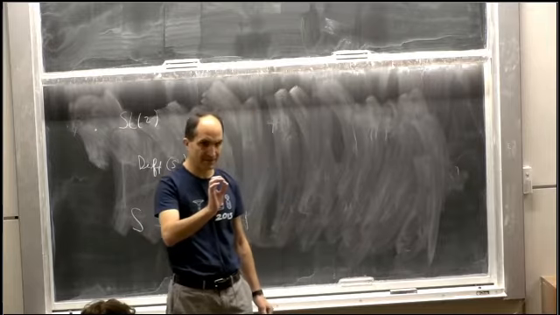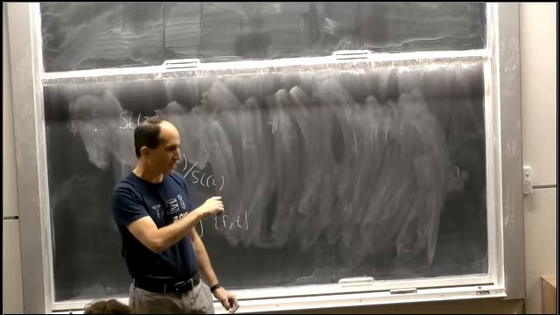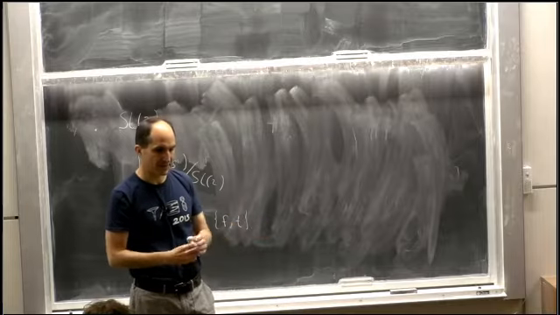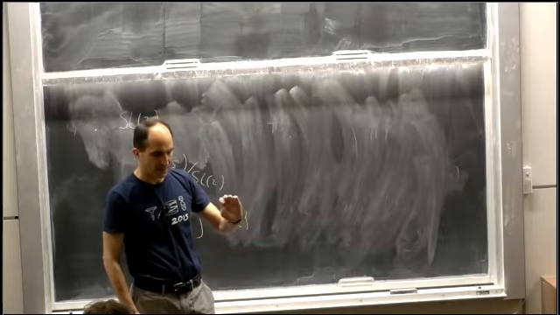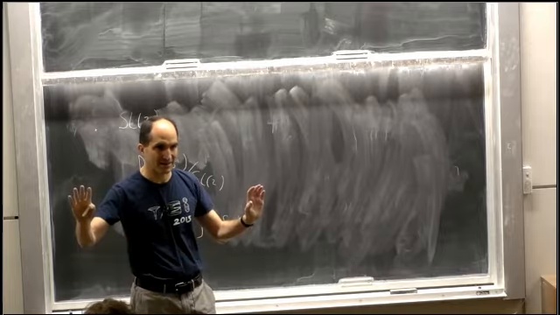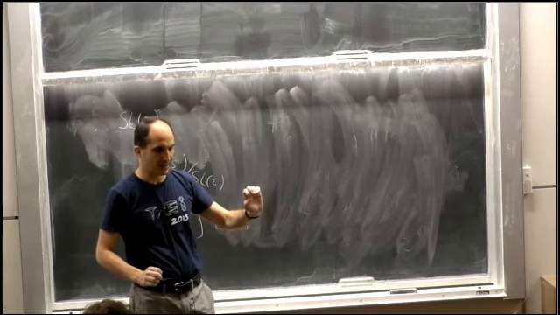So one sense in which it's different is that in ADS2 or nearly ADS2, the Schwarzian action is violating the scaling symmetry of ADS2. In ADS3, it's not. And also, in ADS2, it's a little more universal.